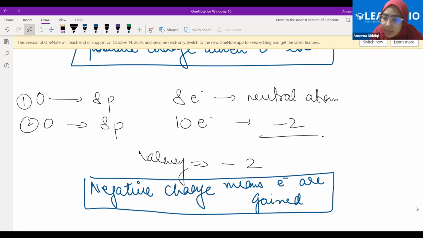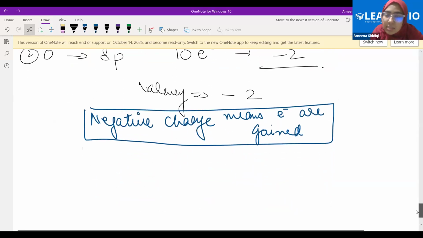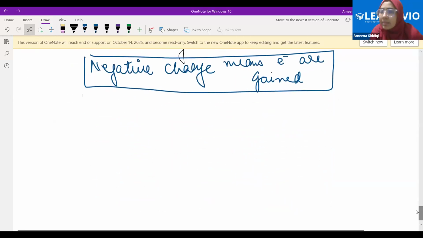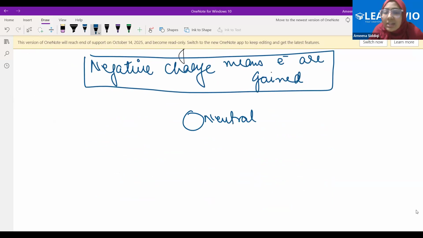Now you see here, children, one thing which is very important to be noted. Let's suppose this is the atom which is earlier neutral. When it is changing into the ion, whether cation or anion, is proton really a concern here? Is proton really doing anything?